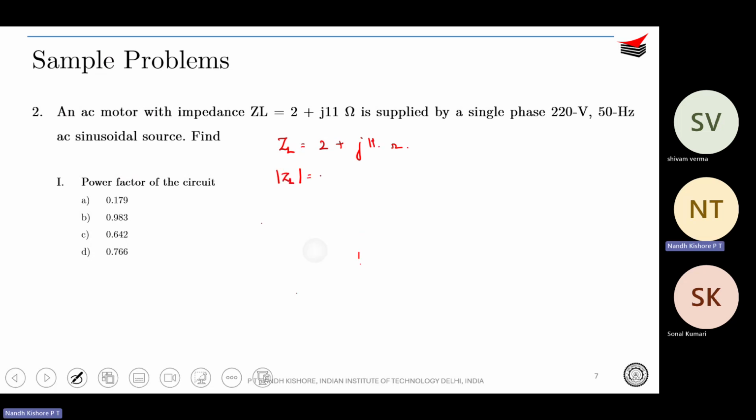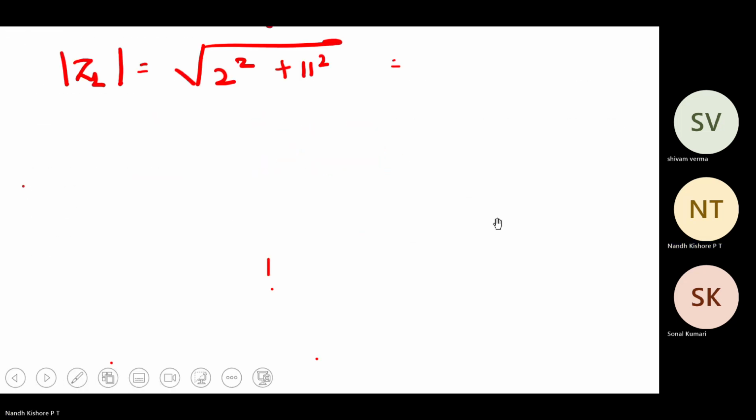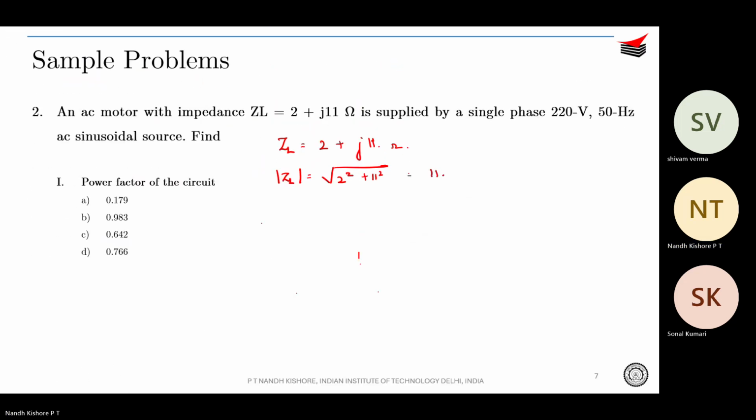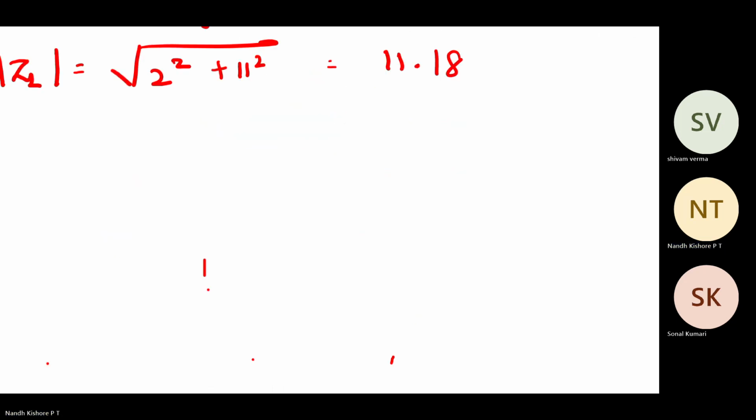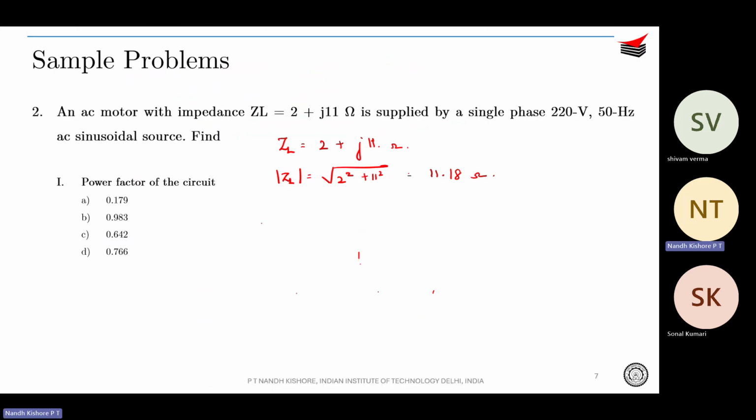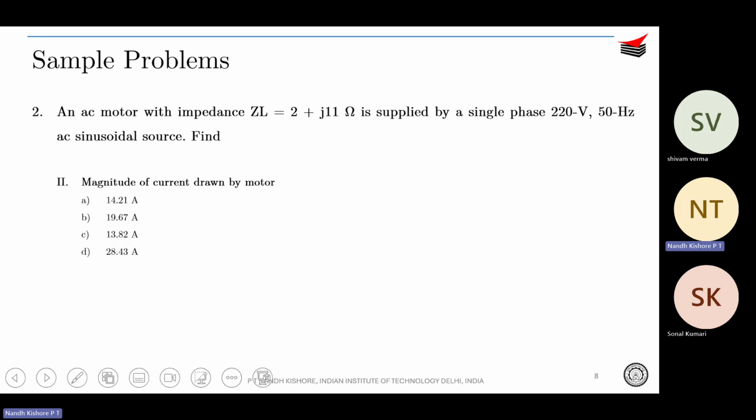Find out mod ZL, which would be root over 2 square plus 11 square. So you get somewhere around 11.18 ohms.